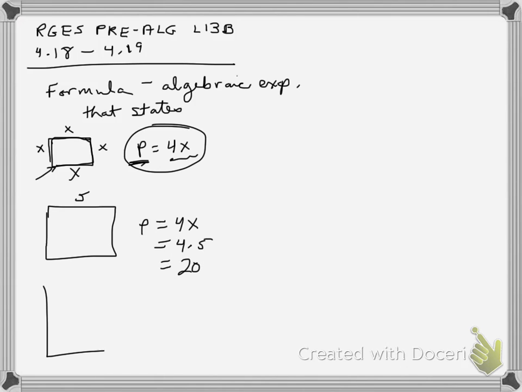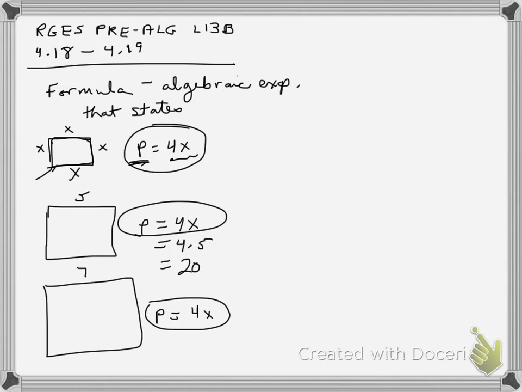But if this one here, I have a 7, my perimeter is still 4x. So the formula itself does not change, but I'm substituting a new value, in this case the 7. So perimeter in this case would be 4 times 7, or 28 units.